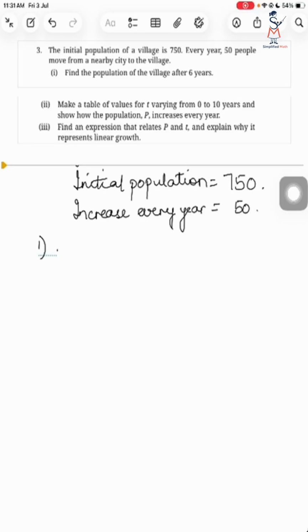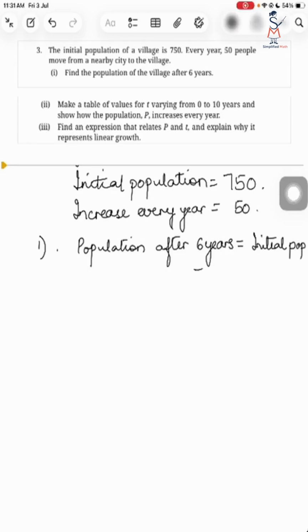Find the population of the village after 6 years. So what will be the population after 6 years? It will be initial population plus increase in population.